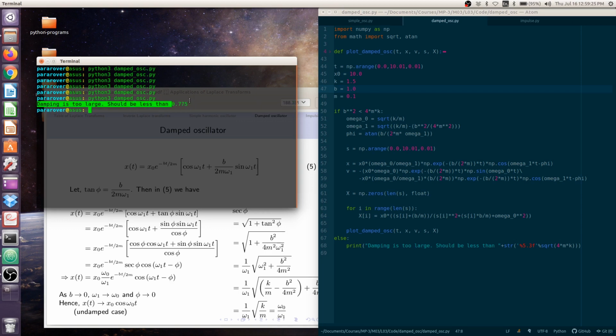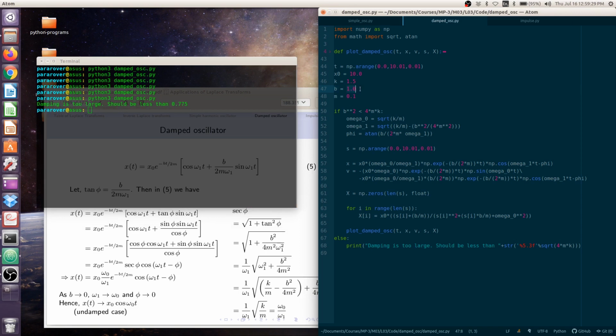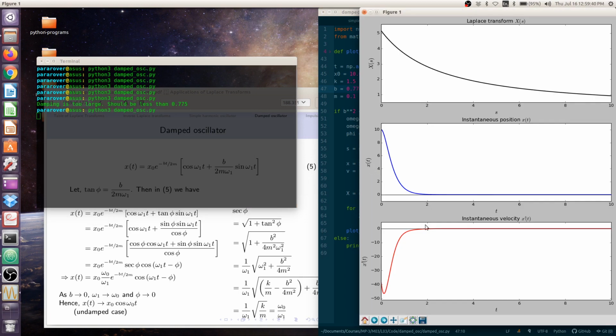So it should be less than 0.775, so let's make it 0.774 and see what happens. You can see the critical damping here. You release this, it will come to its mean position, which is 0, and it will just stay there. So that's the critical damping.